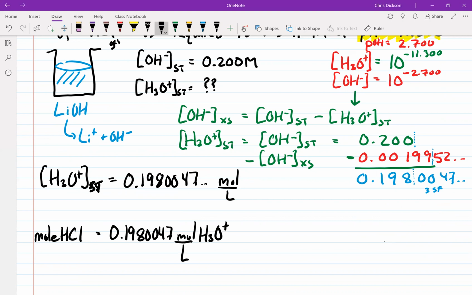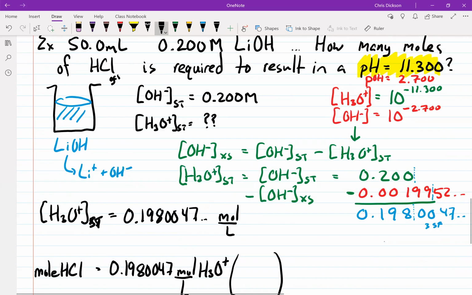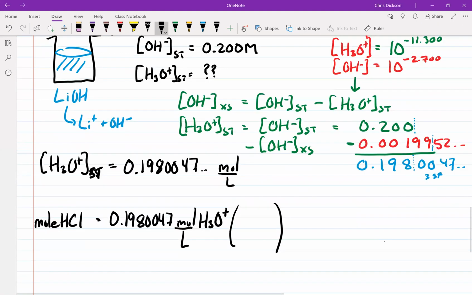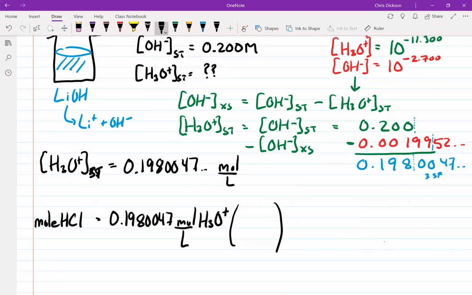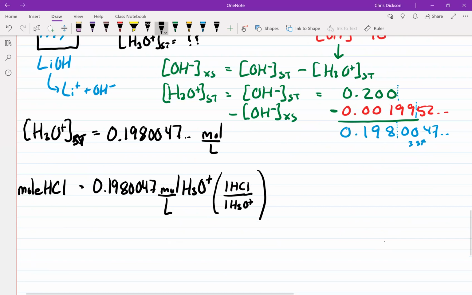Now, because the acid is HCl, there would be one HCl per one hydronium. So basically, it would have all come from the HCl here. And then the volume that we're putting all this through is 50 milliliters.